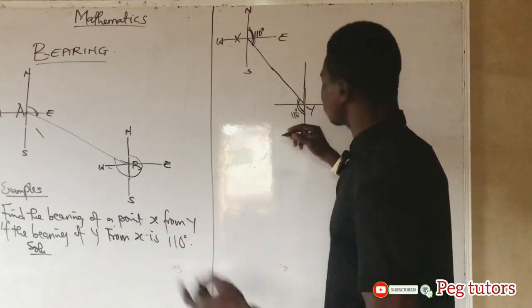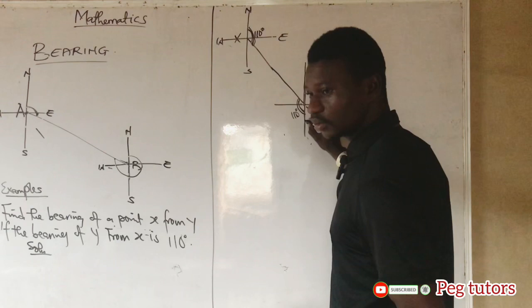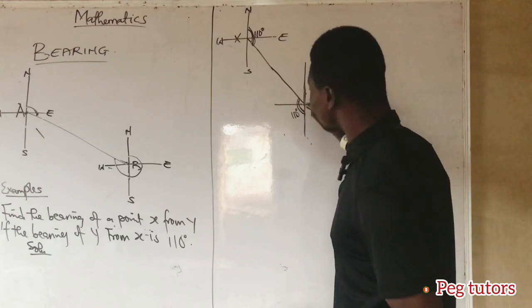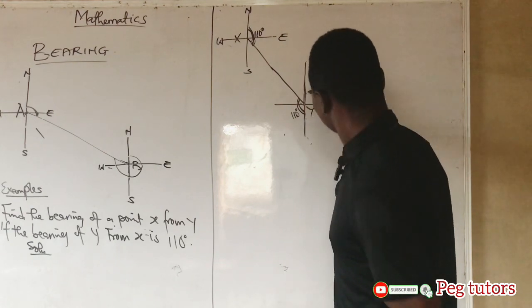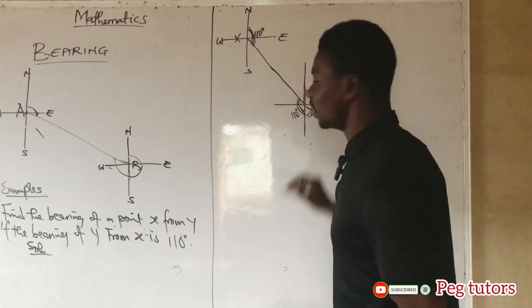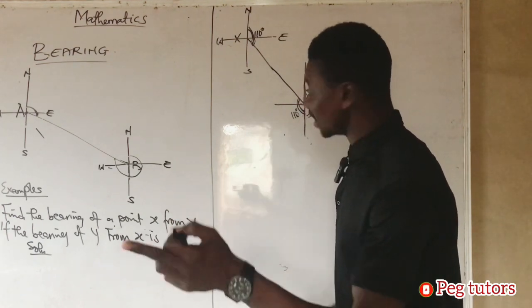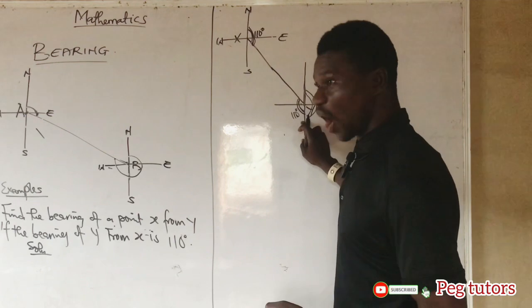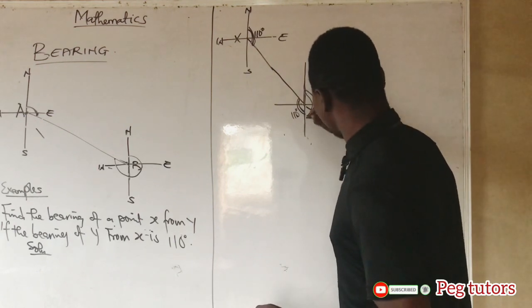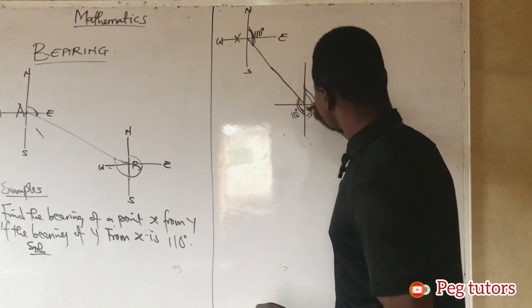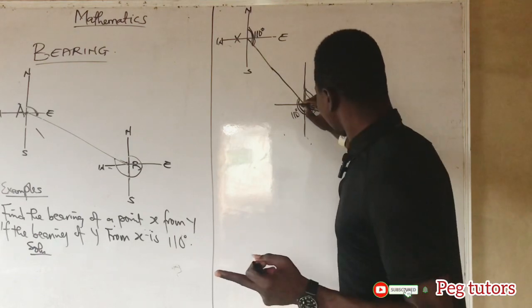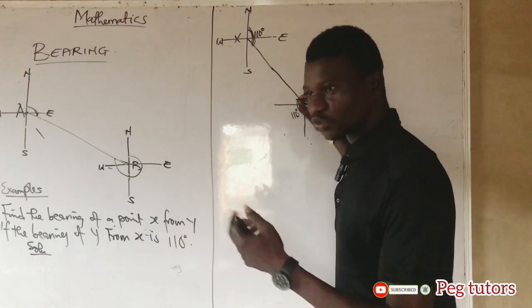Now, at this point, class, do you know from here to here? What is it? Good. So you know from here to here as 180. Remember that the bearing of x from y is going to be from here down to where this line is, right? Now from here to here is 180 already. Here to here is 110. 180 plus 110.